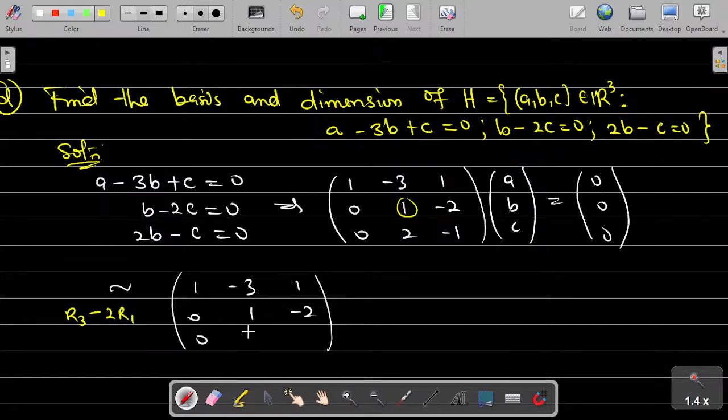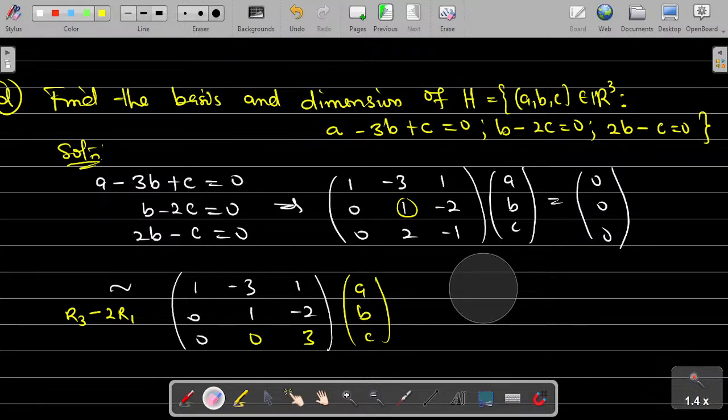So 2 minus 2 times this is going to be 0. And then I have minus 1 minus 2 times minus 2, which is minus 1 plus 4, which is 3. And remember I have A, B, C here.